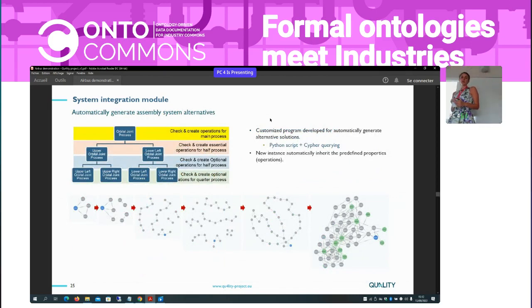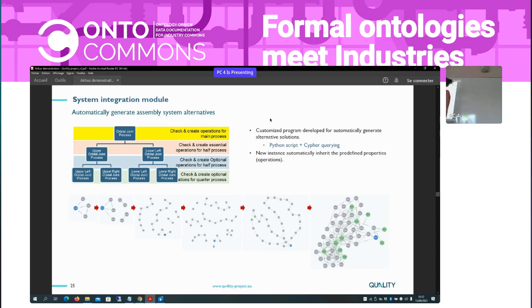So the second part of the system integration model is how to automatically generate assembly system alternatives. Here we made an assumption, a simplification of the orbital joint process: you always have an upper and a lower process, and then a right and left process.